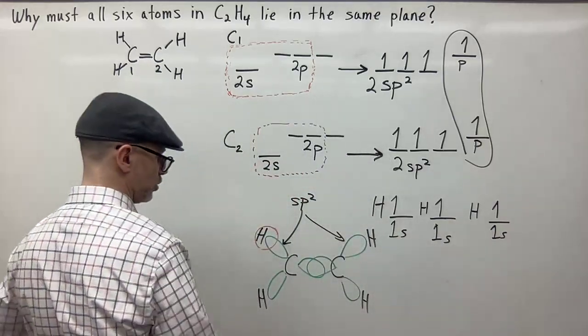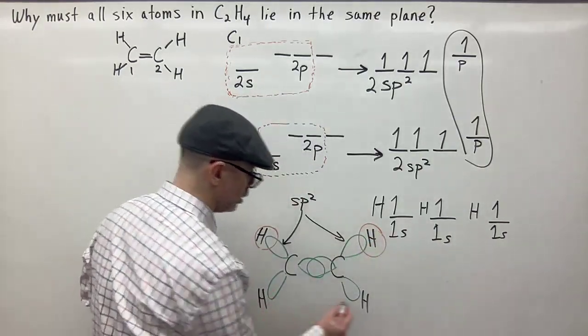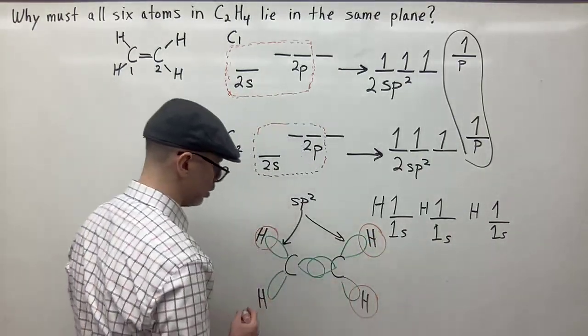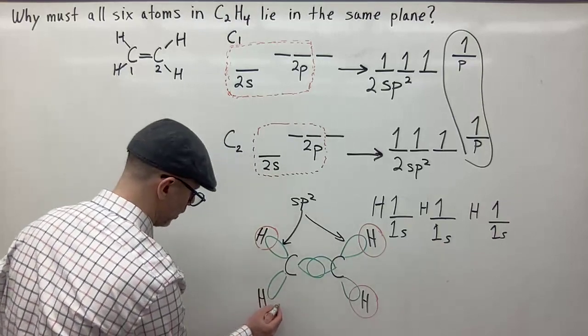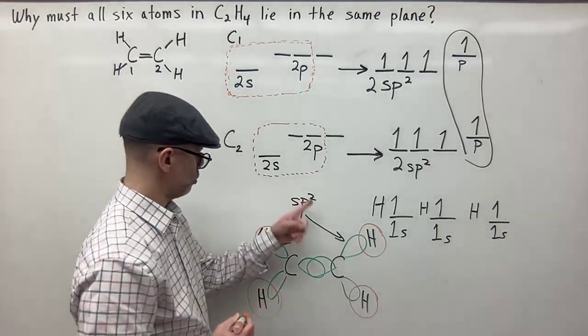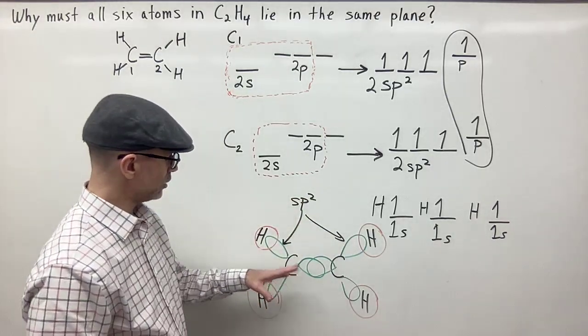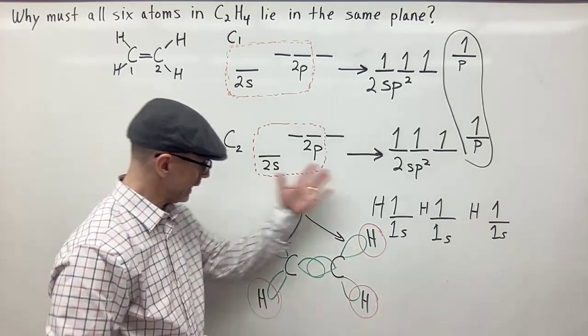And so this is going to be your circular 1s orbital overlapping with each of the sp2 hybridized orbitals. And so this is in the plane.